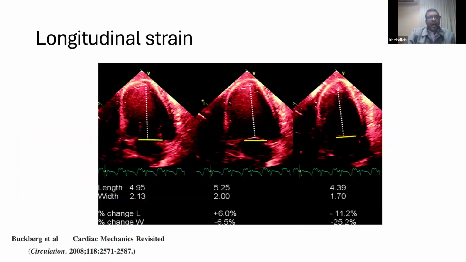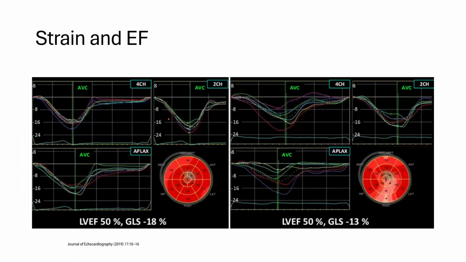So it is how the heart deforms in this axis, top down, called longitudinal strain. And here we get the strain in form of graphs. Each segment has a curve, and we also have it summed up in this polar map, or bullseye circle.